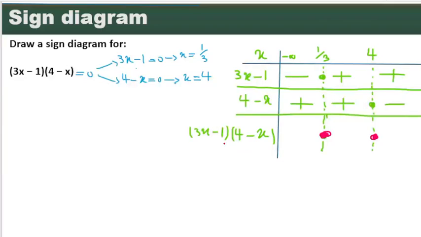They are multiplied by each other, so the signs are multiplied by each other. For the interval between negative infinity and 1/3, negative times positive gives me negative. In the interval between 1/3 and 4, positive times positive gives me positive. And larger than 4, between 4 and positive infinity, gives me negative.